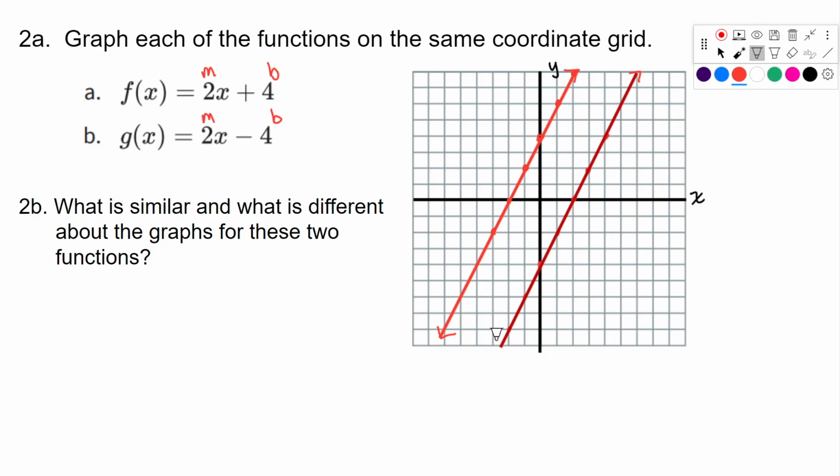So you'll see that both lines are moving in the exact same direction, so what is similar is they have the same slope.